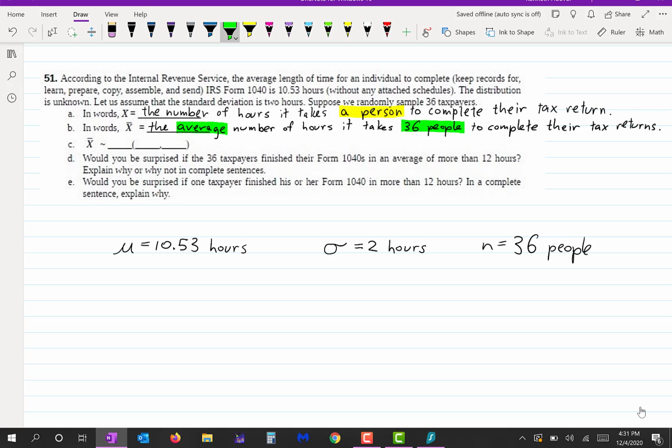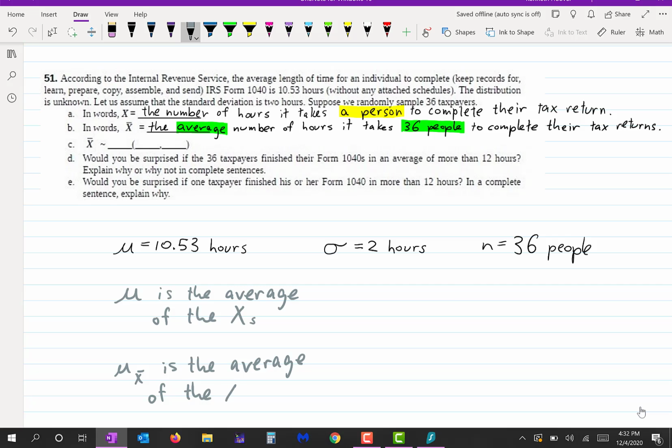And by the way, let me point out again the difference between mu and sigma versus mu x bar and sigma x bar. Okay. Mu is the average of the x's. Mu x bar is the average of the x bars.